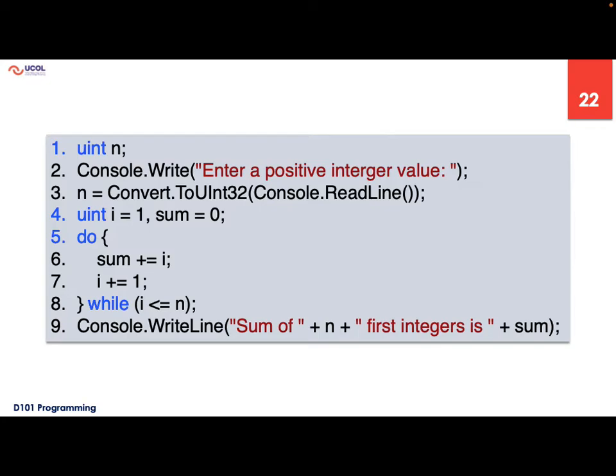Now we can validate when we are getting the value of n. But if we don't want to validate the value of n, what do we need to do here to fix that problem?